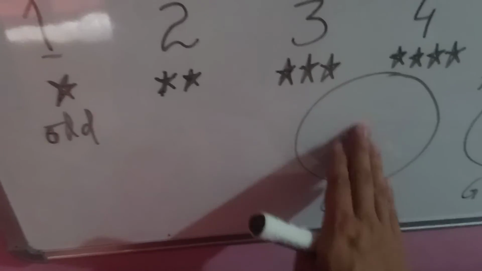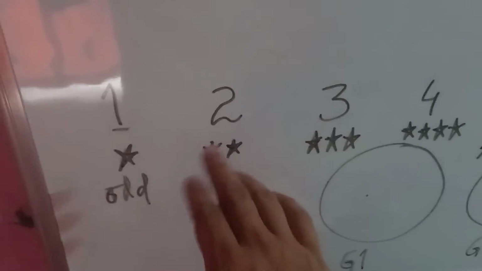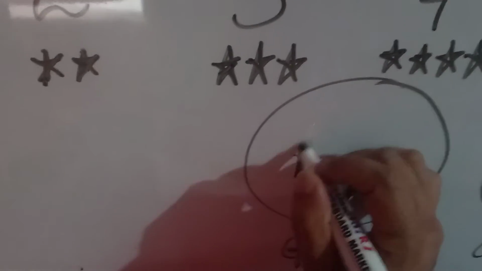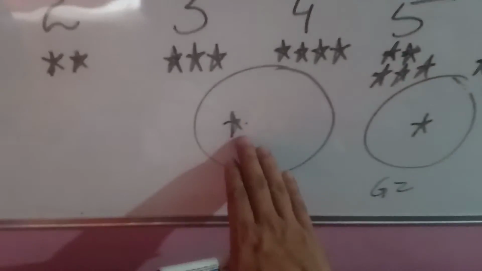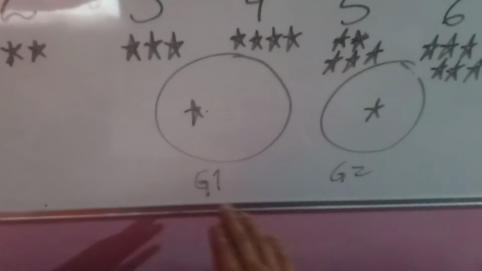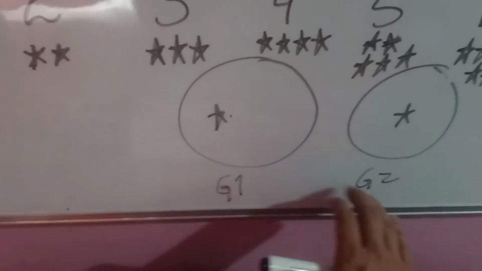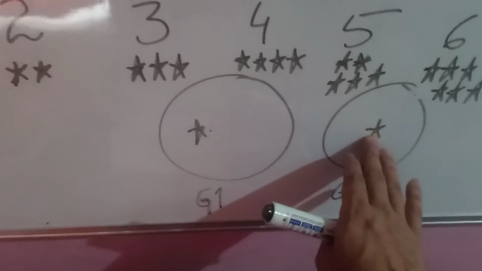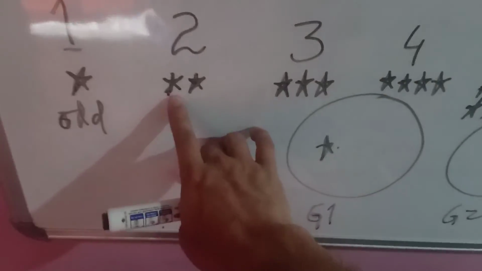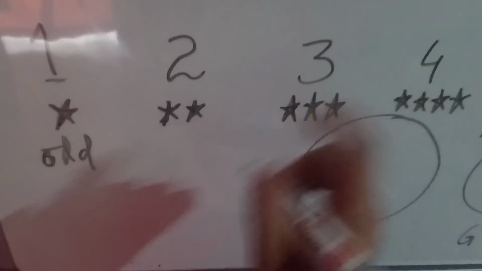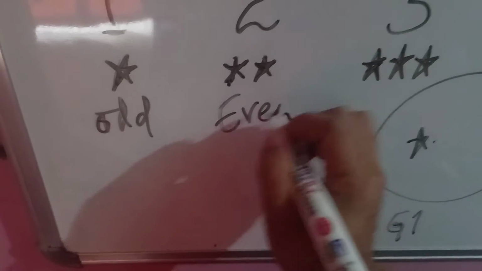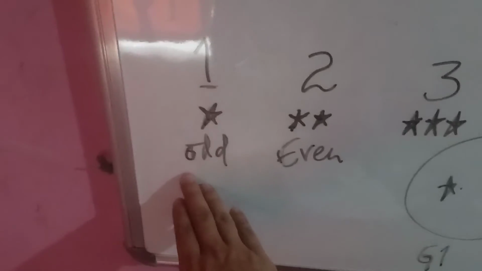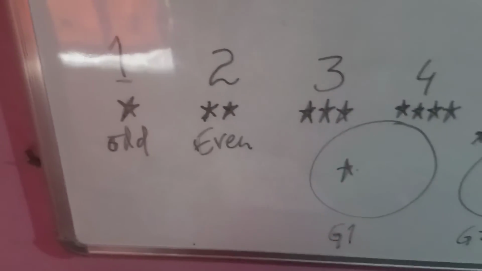Let's take the number 2. It has 2 stars, so we'll write 1 here and 1 here. So these 2 stars have been equally divided into two groups, G1 and G2. So this is divided into two equal groups, so this is an even number. This one is odd and this one is even.